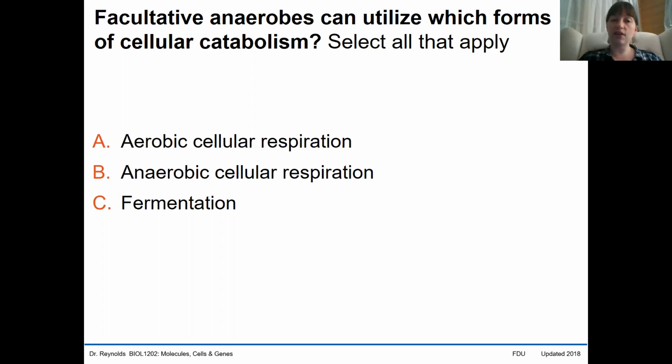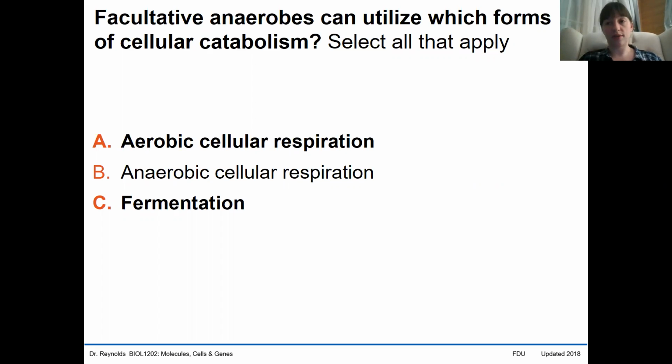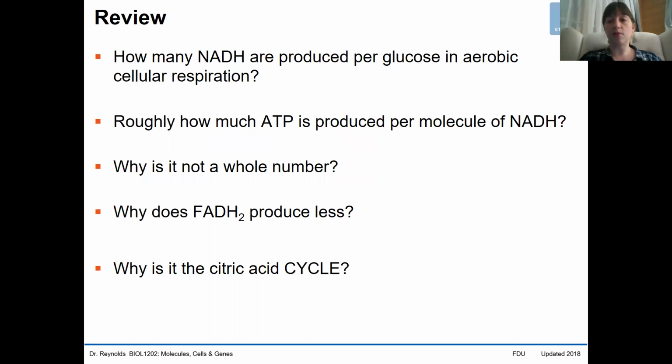But are they going to do anaerobic cellular respiration or fermentation when oxygen is absent? It's going to be fermentation. There are an extremely few number of organisms on this planet that are capable of switching between aerobic and anaerobic cellular respiration.